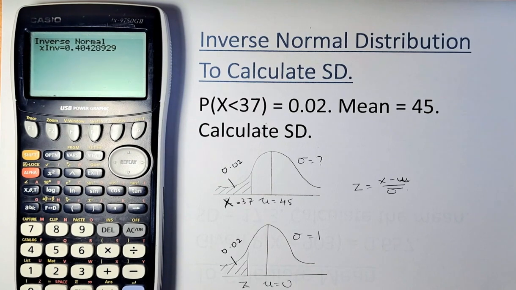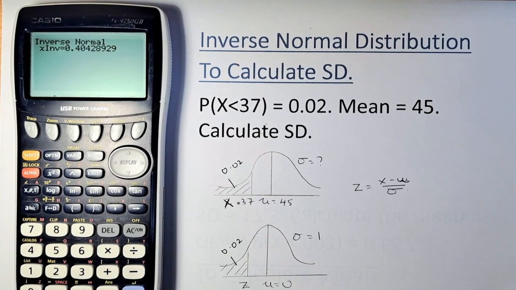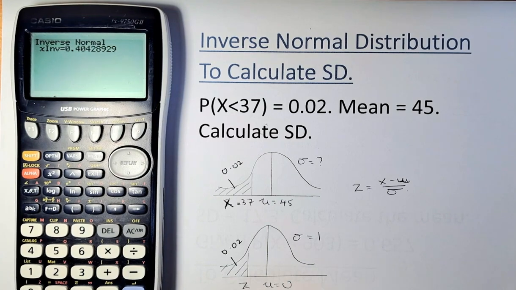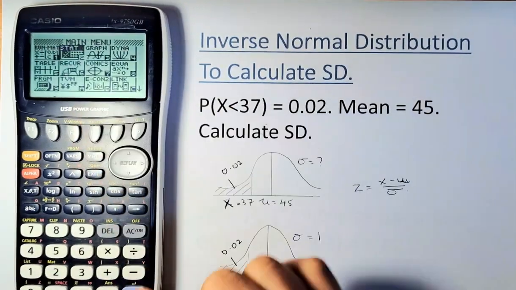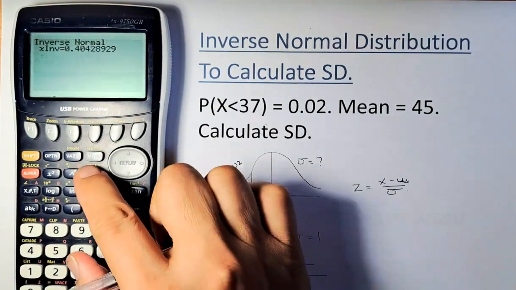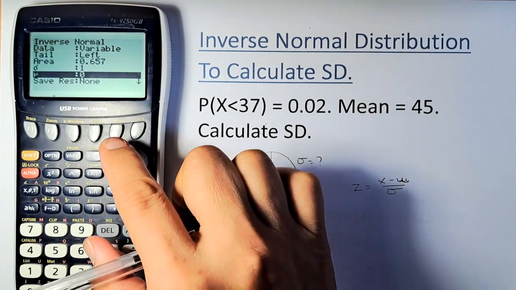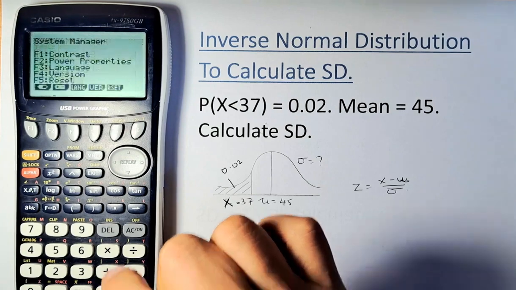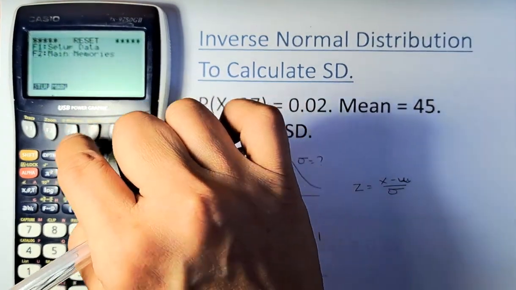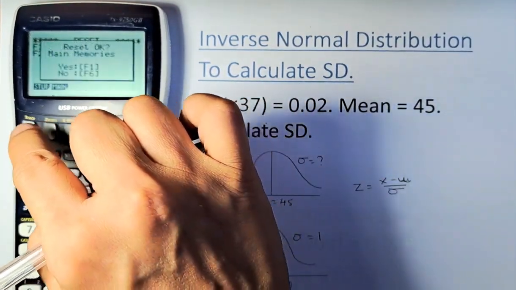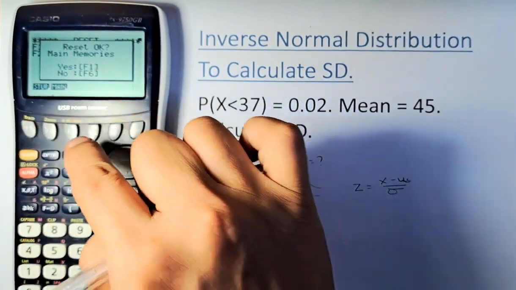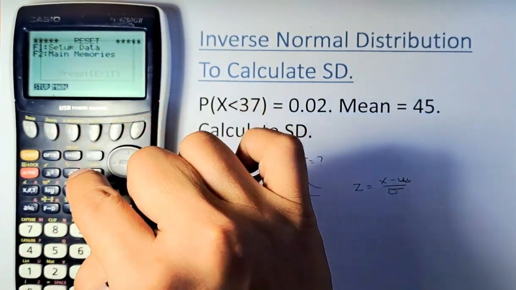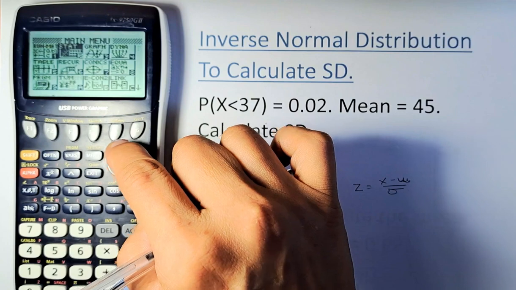Now we're going to input the data into the calculator to calculate your z value. So we do again. Menu, go to stats, and then we need to reset the system. F5 and F2, and then F1 again, and we're going to start again with statistics.